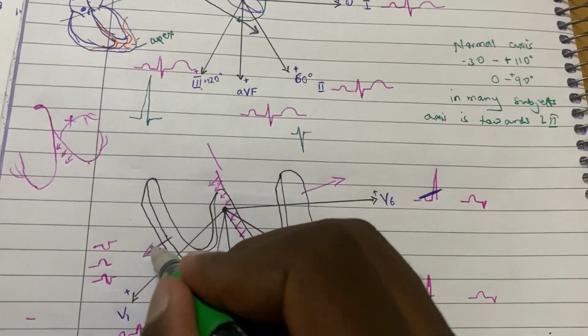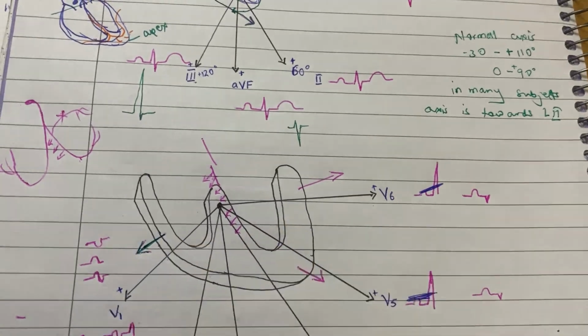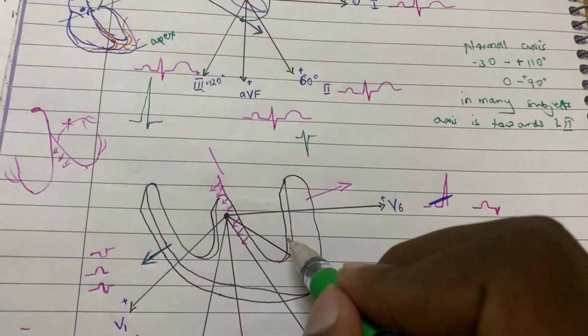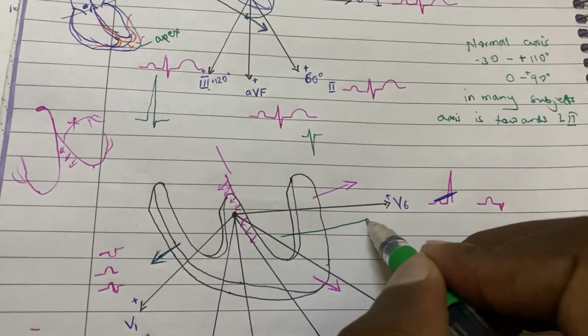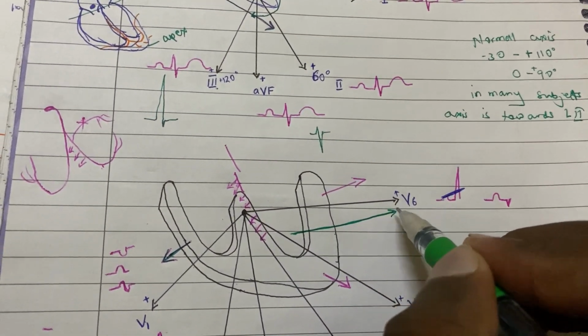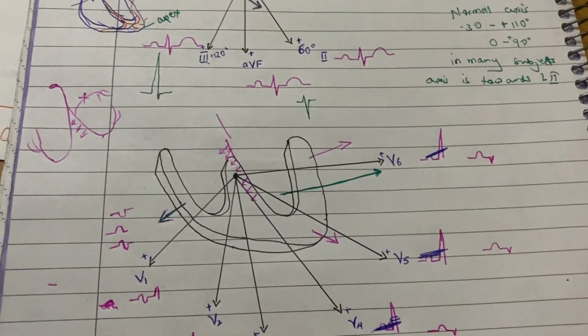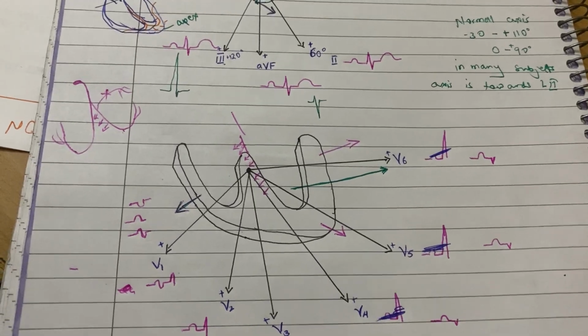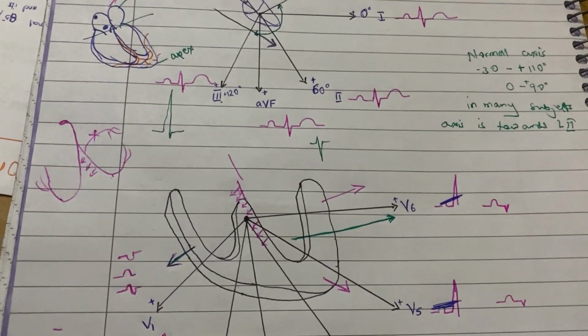We have this voltage going this side, because it is voltage, we are showing it with the arrow and direction. And then for the left side, we have this. The length of the arrow shows the magnitude, and the arrow shows the direction.